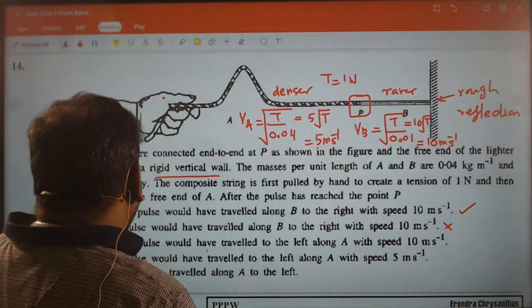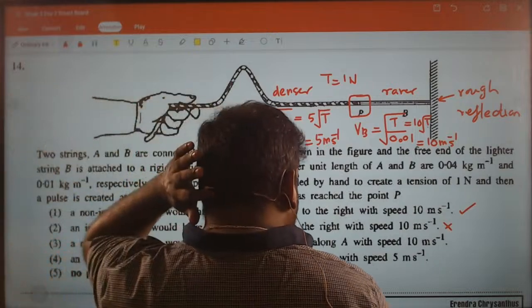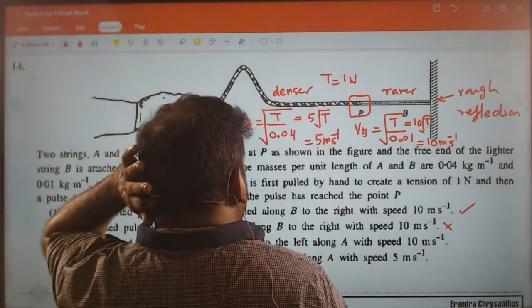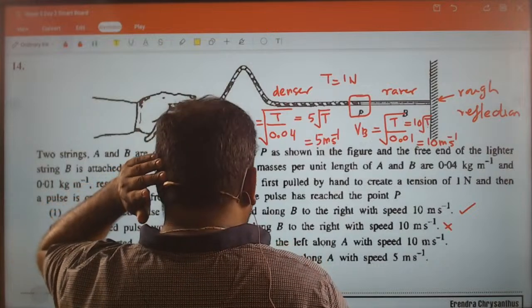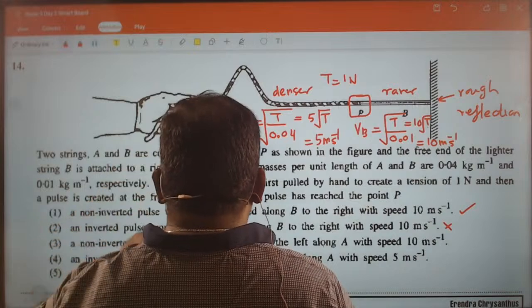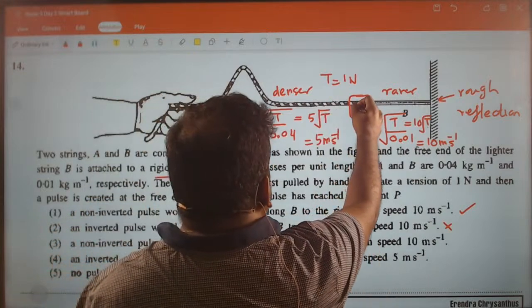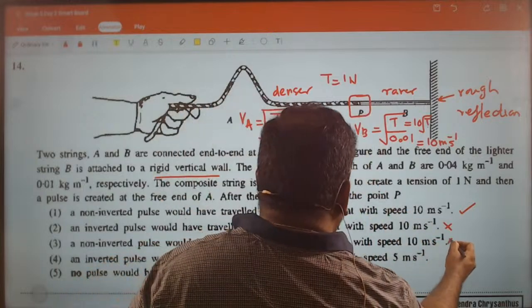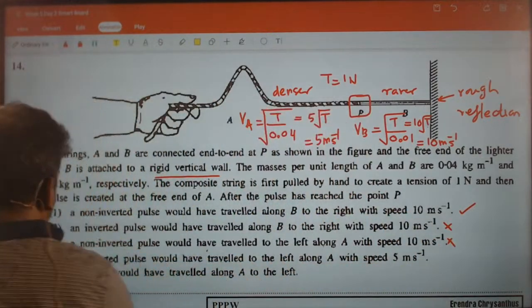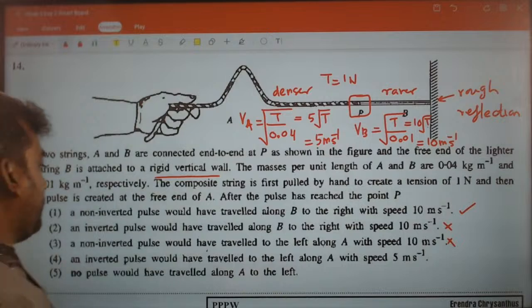A non-inverted pulse would have travelled to the left along A. Here the end is rigid, so there will be an inverted pulse. So these are wrong. An inverted pulse would have travelled to the left along A with speed 5.